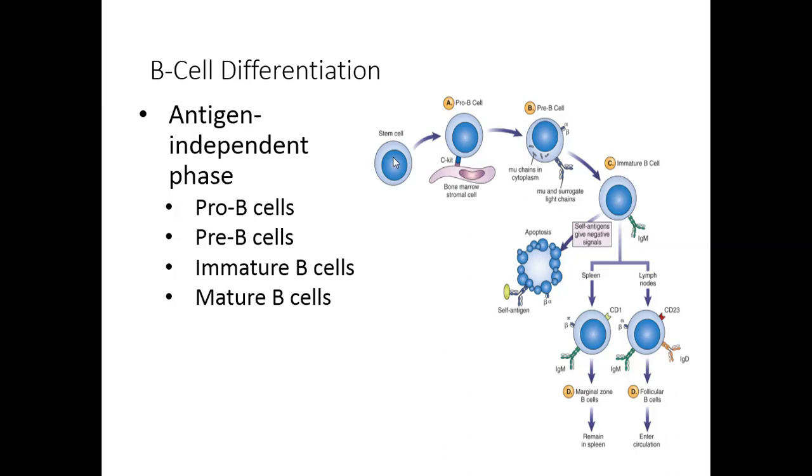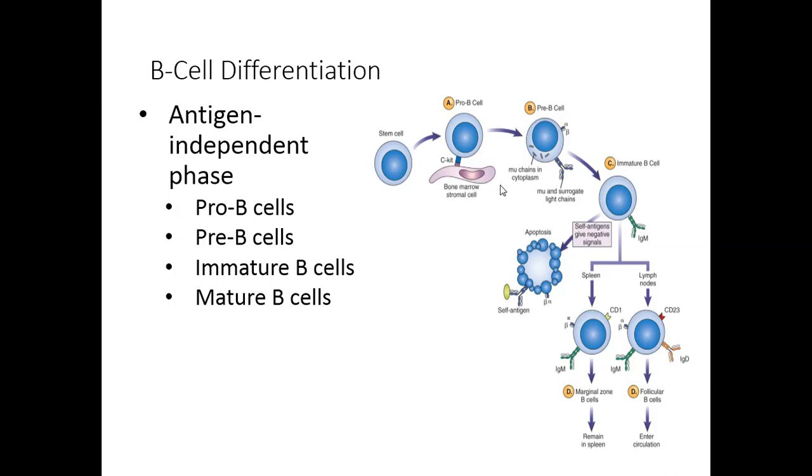The stem cells differentiate to pro-B cells in the stroma, or the bone marrow stromal cell. Within the bone marrow there are stromal cells, and actually other organs have stroma as well. But the stroma of the bone marrow is really just kind of the connective tissue cells.